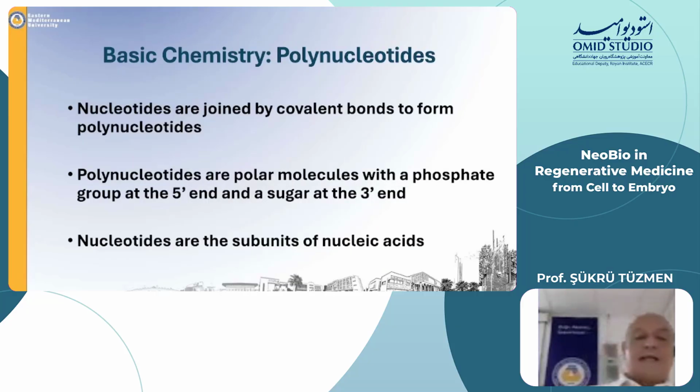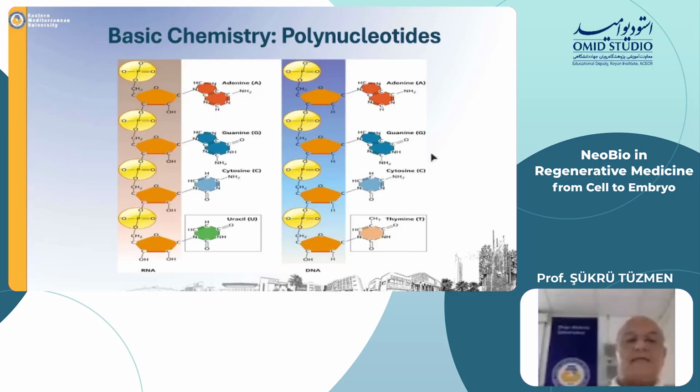Going along the line, we already touched base upon that the nucleotides are joined by covalent bonds in order to form polynucleotides, which are polar molecules with phosphate groups at the 5' end and sugar molecules at the 3' end. I will share with you in a minute some structures where it's going to be more understood what I'm talking about, and here it is.